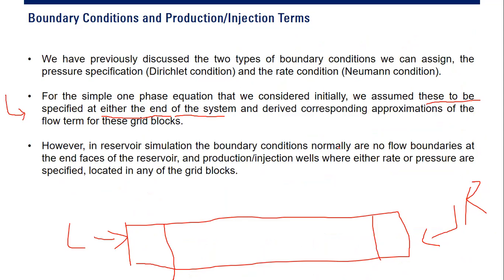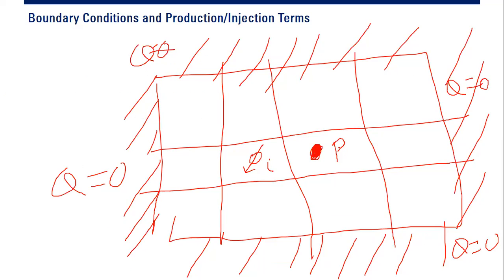Again, however, in reservoir simulation, the boundary conditions normally are no flow boundaries at the end phases of the reservoir, and production or injection wells where either rate or pressure are specified, located in any of the grid block. So we can have producer or injector in any of the grid block.